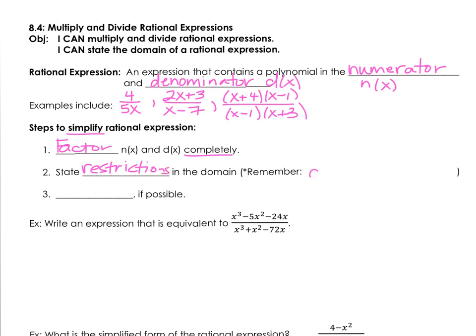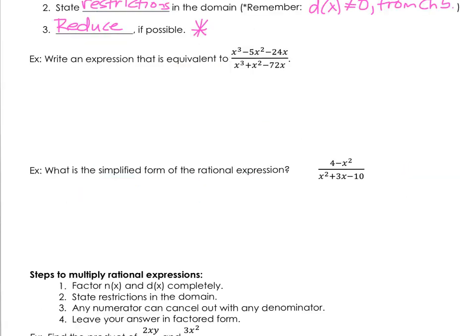So remember, d of x can't equal 0. If possible, you're going to try to reduce the fraction. But we can only reduce something if they have a common factor or they're an exact match. So we have to be really careful in this last step.